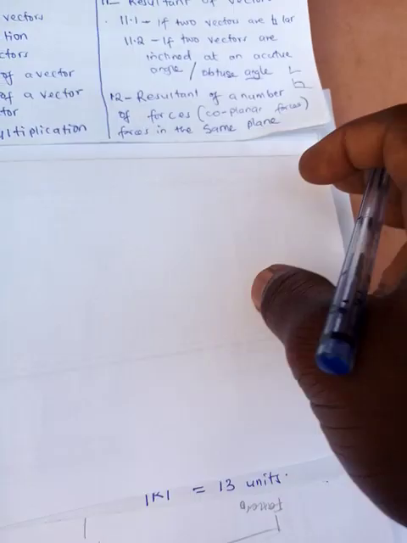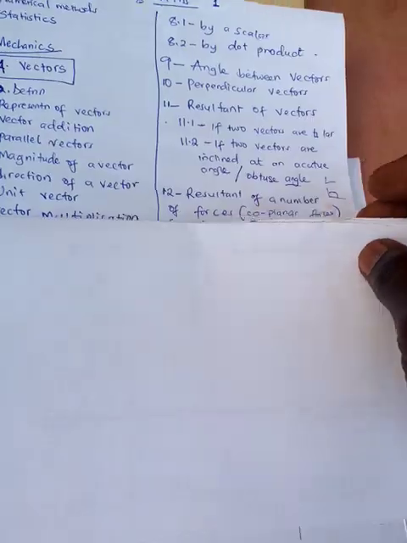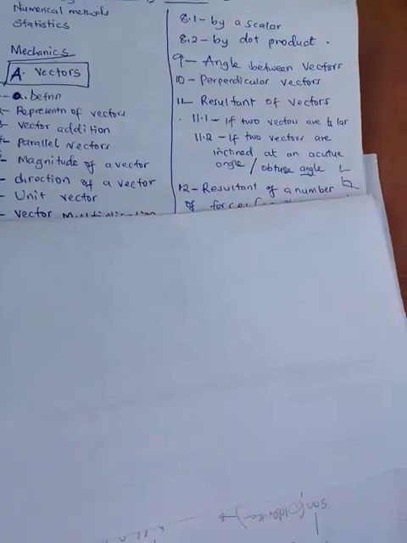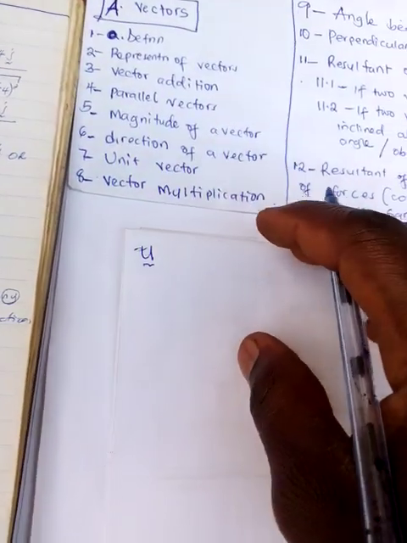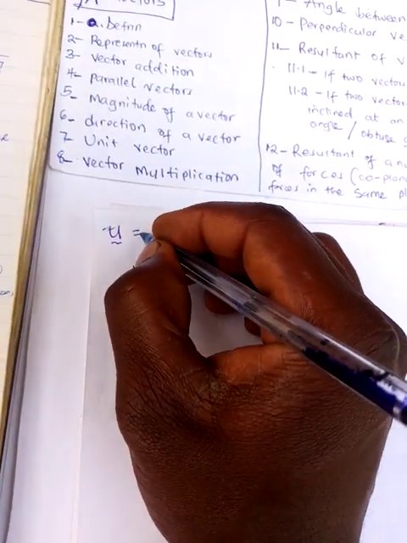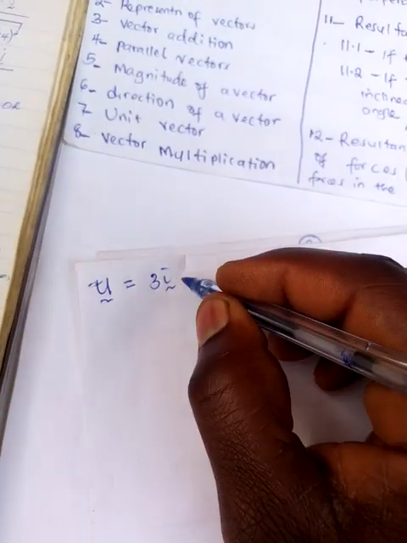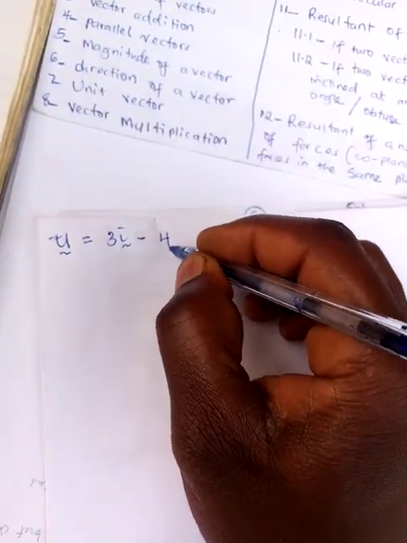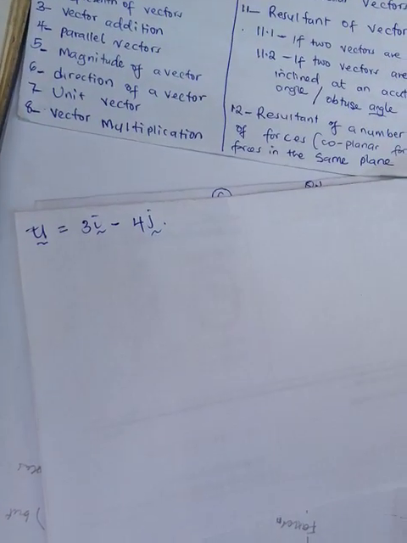Let us first work out some example about unit vector. If you have your vector u as 3 in i minus 4 in j, find the unit vector.